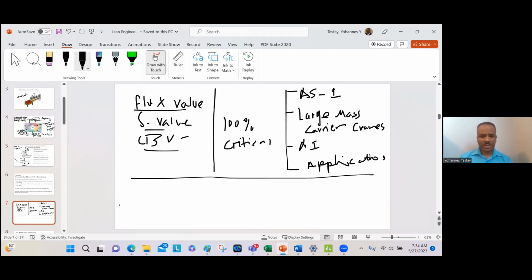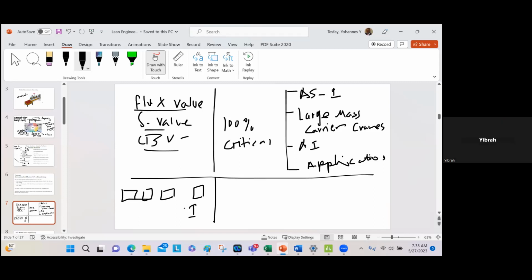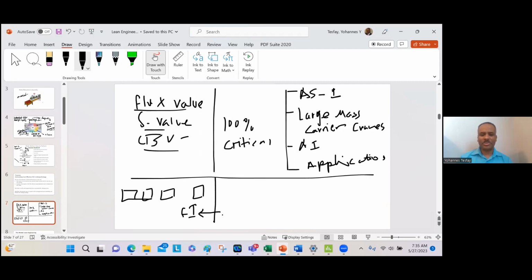To support that, what we do here is production. We produce the valve here and we do final inspection. How many times are we going to do the final inspection? 100% final inspection.